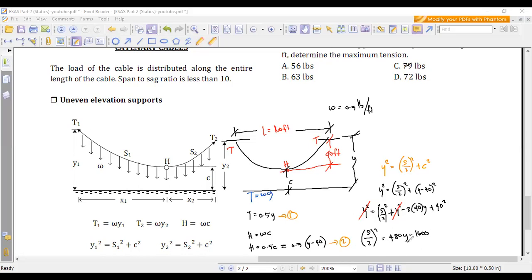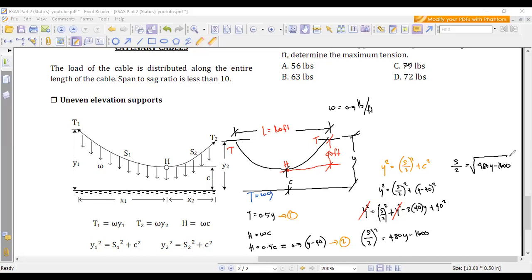If we continue, S over 2 is equal to the square root of 480 Y minus 1600.